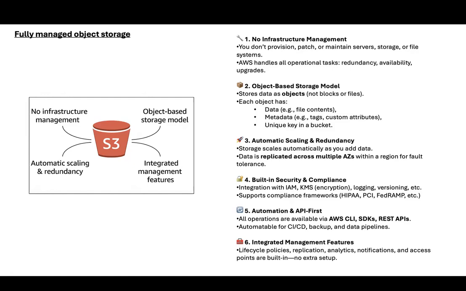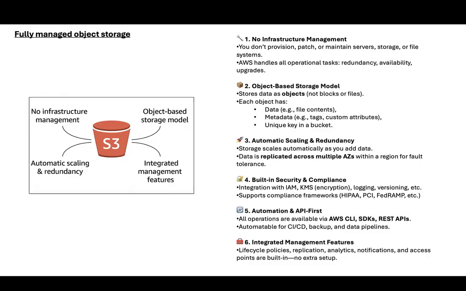Automation and APIs. Automation can be easily managed with various SDKs available in the market. At the same time, you can use Postman to trigger REST API calls from your local machine to put or get data. AWS CLI is also there, and Python.